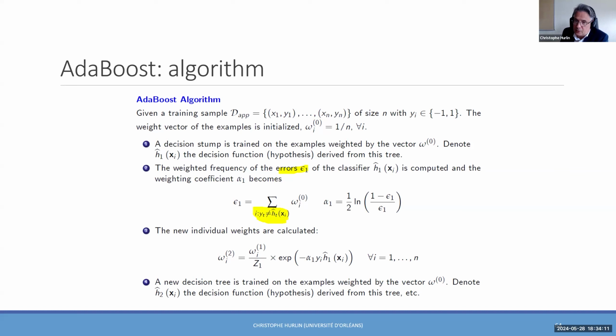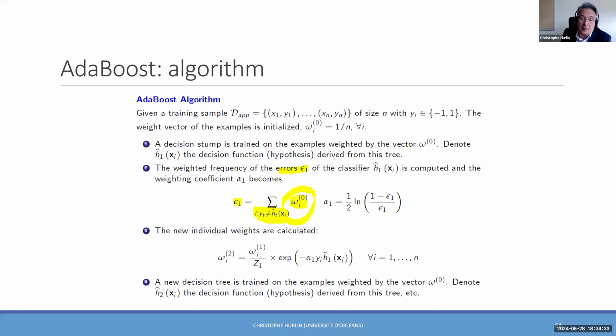We compute the sum of their weights. Do you understand? So let us imagine that I have 3 individuals for which this decision stump made an error based on the age. Then I sum the weights of these 3 individuals.